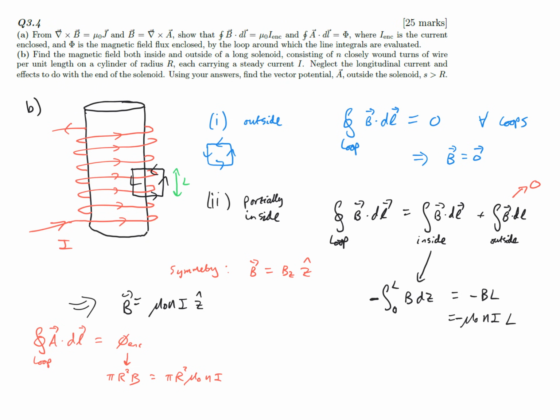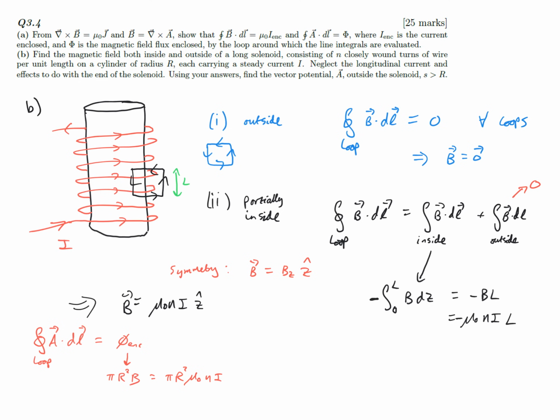Again, by symmetry arguments, we know that if we have a circular loop coaxial with the cable, then that's the same direction as the vector potential is pointing, and the vector potential is constant independent of angle.